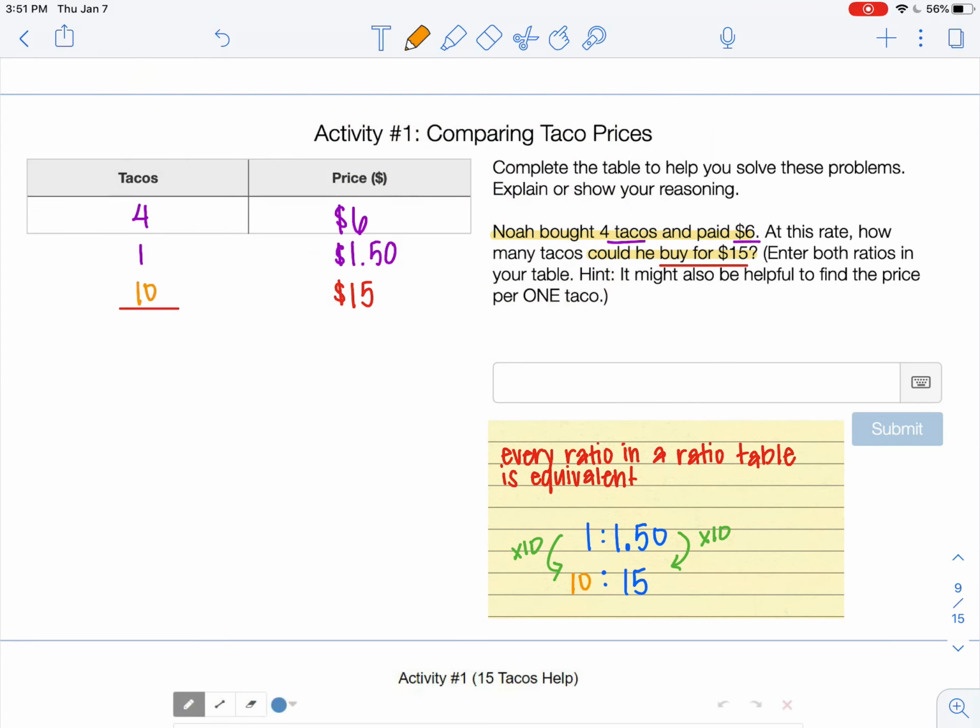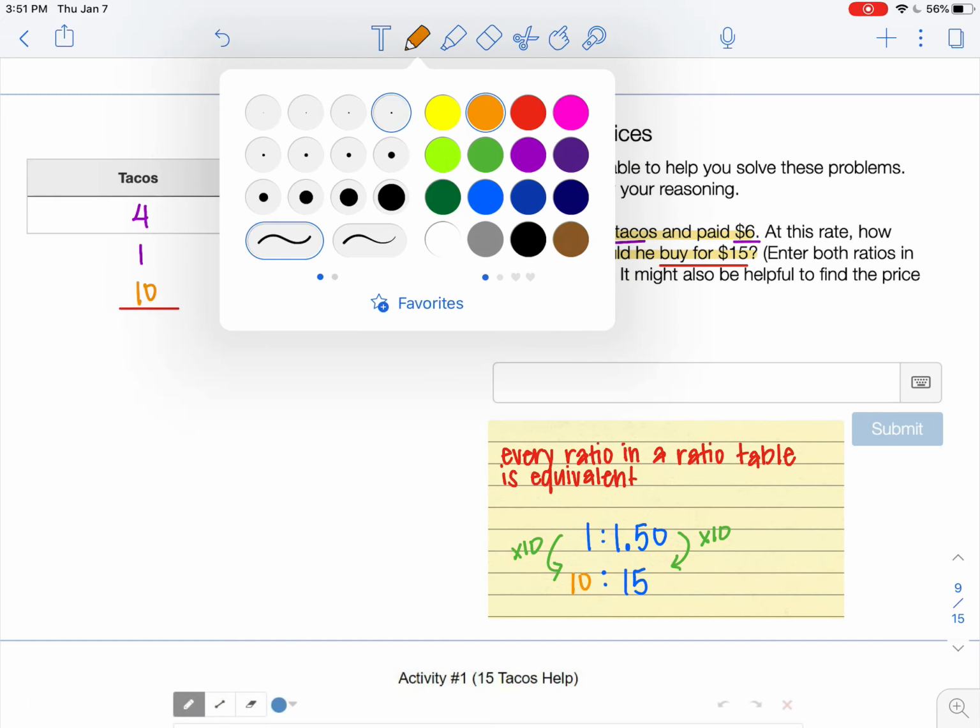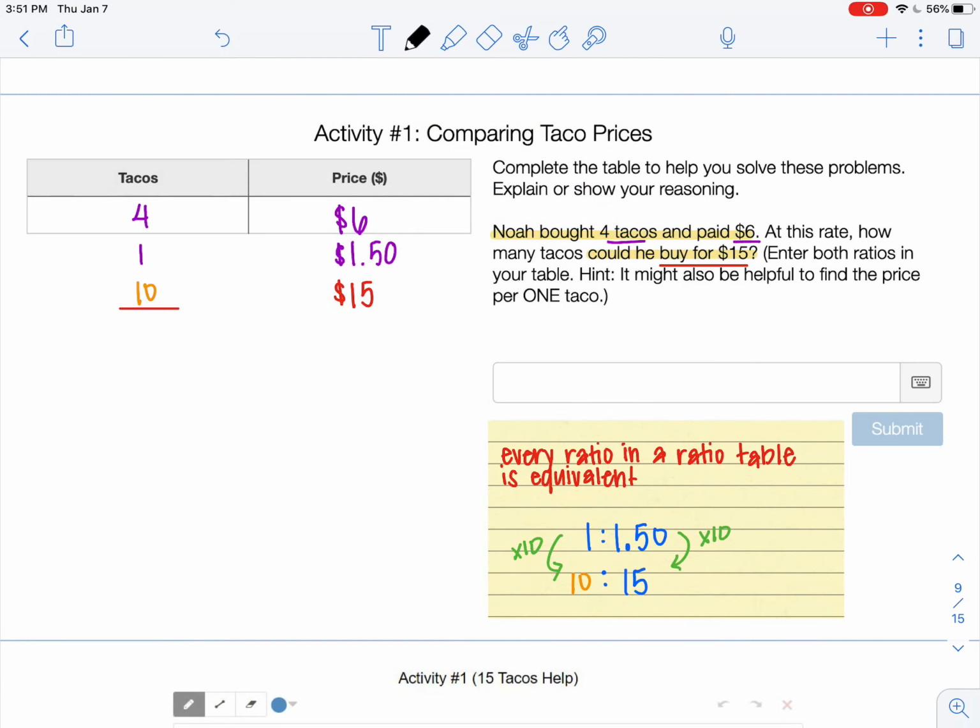Now, later on in this unit, I'm going to ask you to come up with your own ratio that you could drop into a table. You could find that ratio by picking any one of these ratios and simply multiplying both sides by the same number. Let's say I picked 4 to 6 as my ratio, and I wanted to scale it up by 5.